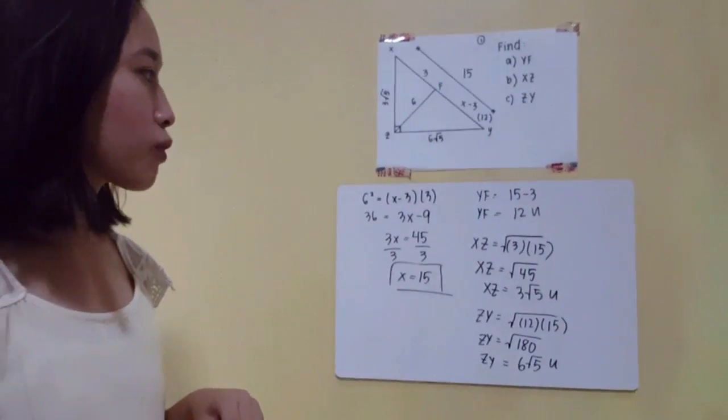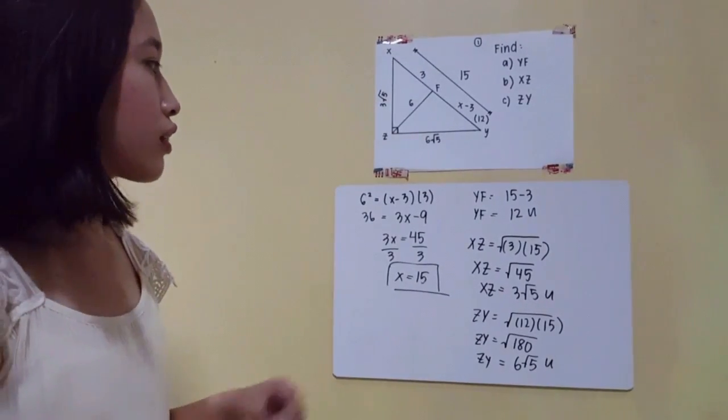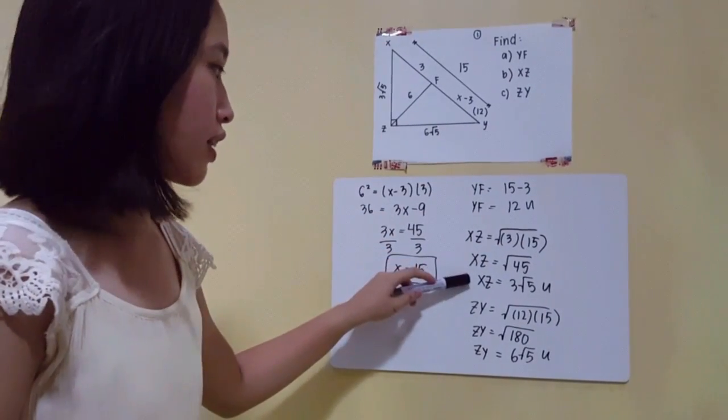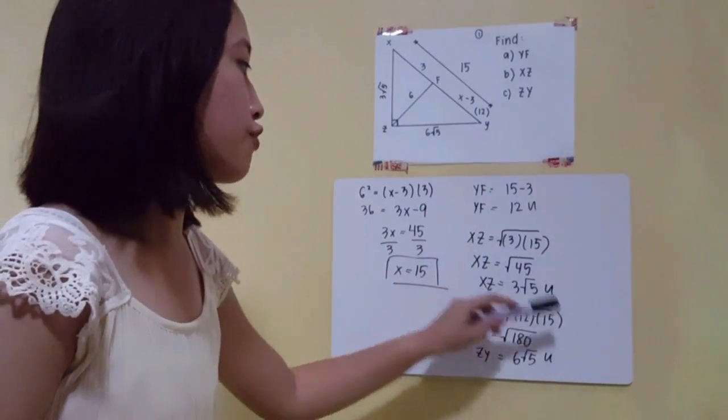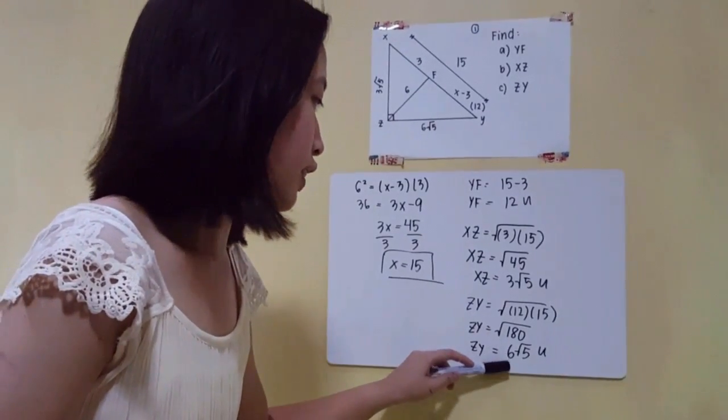Applying all the principles and theorems that we discussed, we got YF is equal to 12 units, XZ is equal to 3 square root of 5 units, and ZY is equal to 6 square root of 5 units.